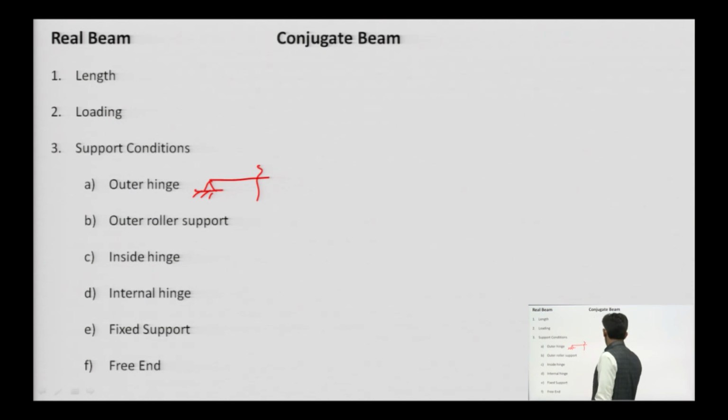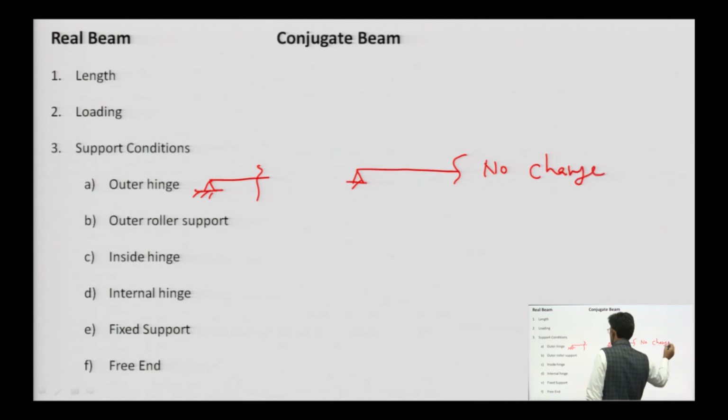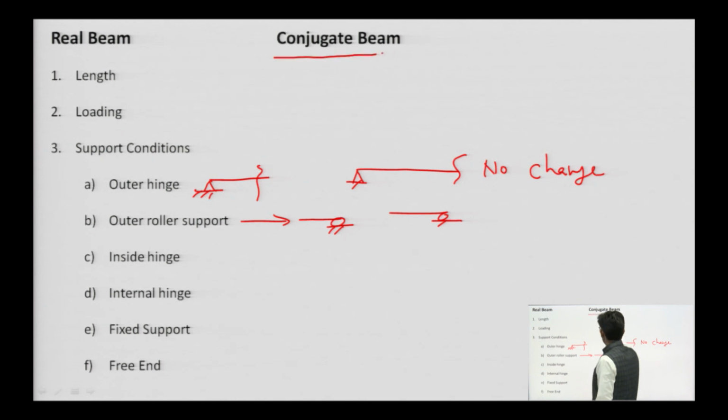It will be the same, no change. Outer hinge or roller support is also the same in the real beam and in the conjugate beam. No change.